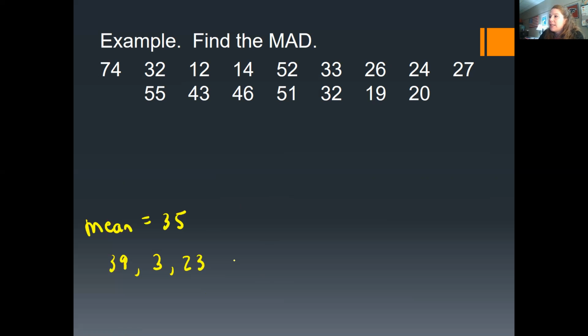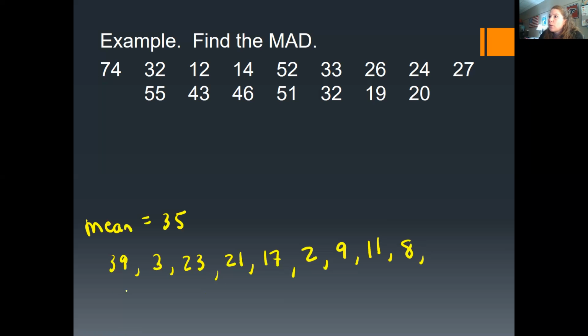And then that would be 21. And then 52 minus 35 is 17. And then 35 minus 33 is 2. And then 35 minus 26 is 9. 35 minus 24 is 11. 35 minus 27 is 8.